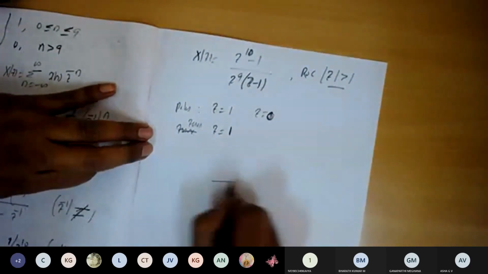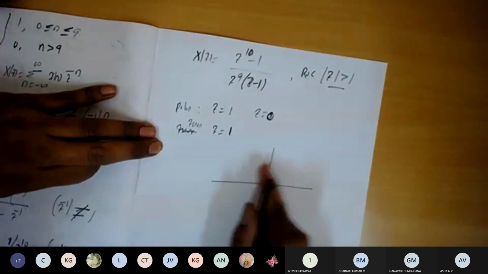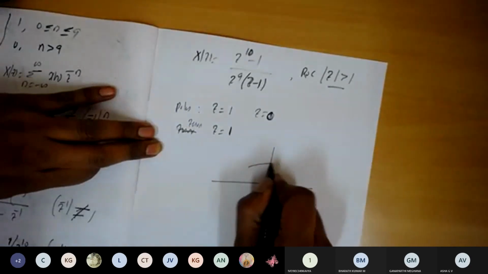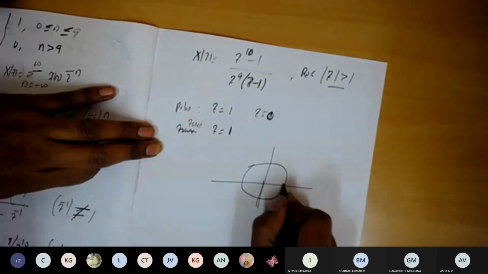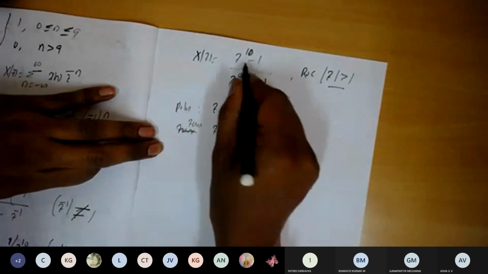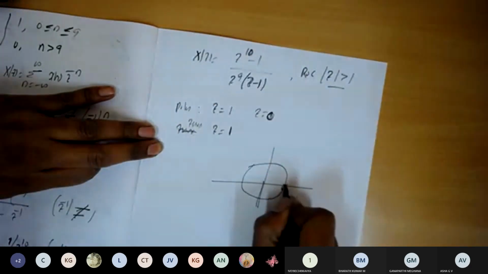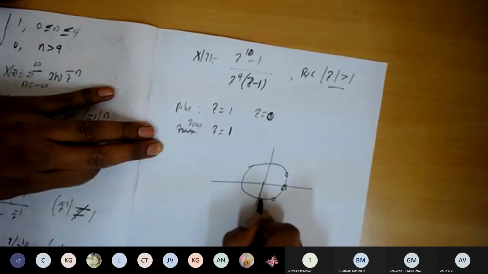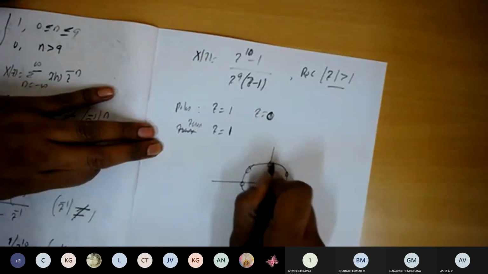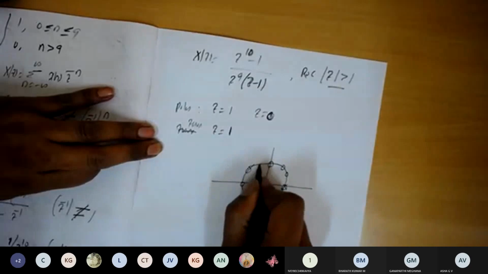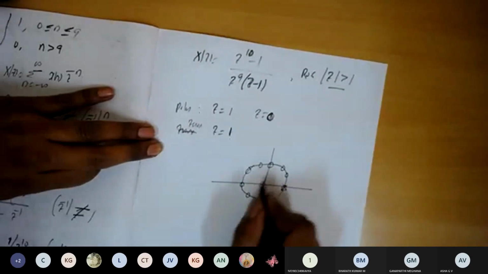Now I am going to plot the region of convergence. The region of convergence is going to lie outside Z is equal to 1. At Z is equal to 1, we have the unit circle where one pole is there, and there are 10 zeros here. Z to the power of 10 means 10 zeros, 1, 2, 3, 4, 5, 6, 7, 8, 9, 10.